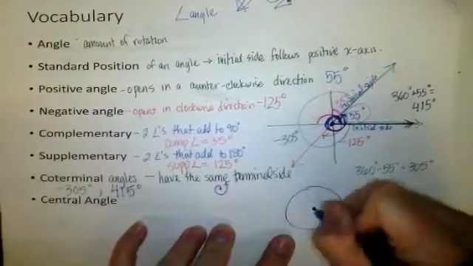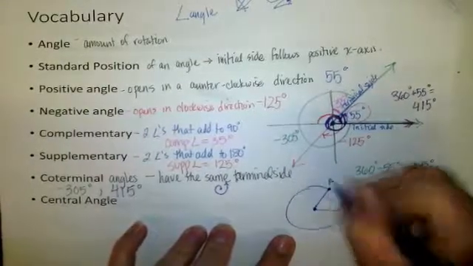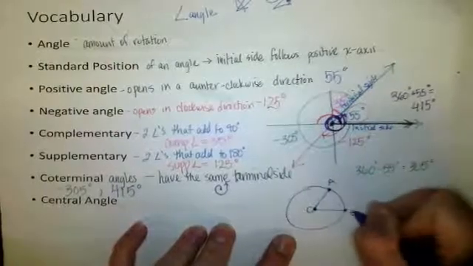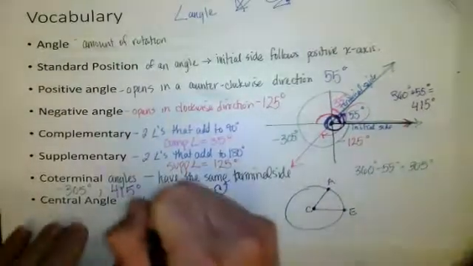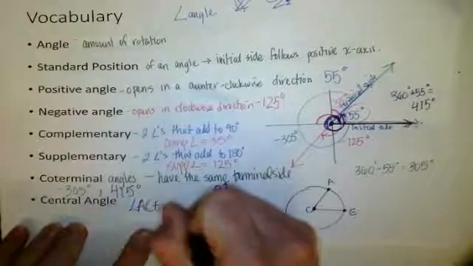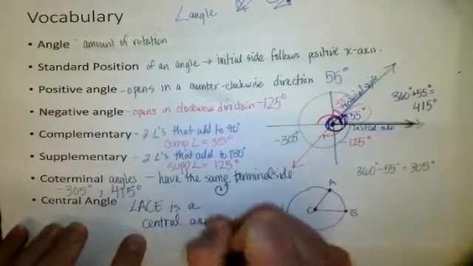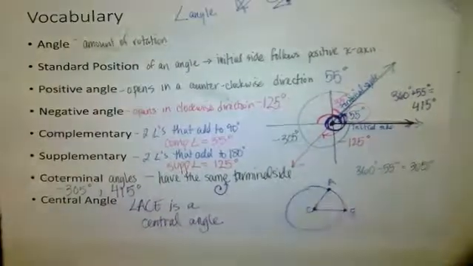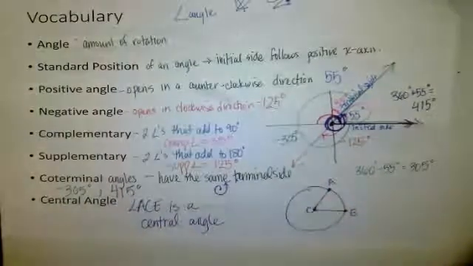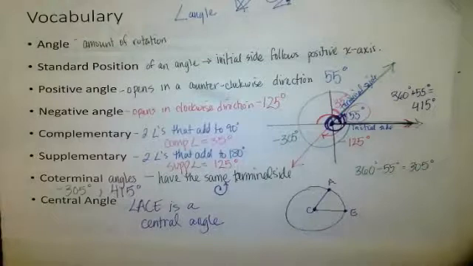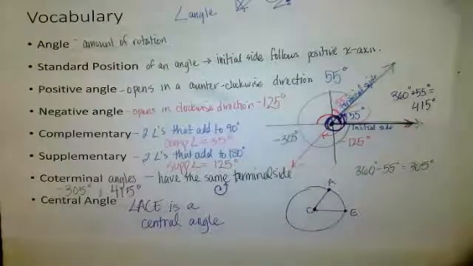So here, this might be ACE again. Angle ACE is a central angle. So it's an angle that its vertex is at the center of the circle. Now we get to draw a lot of these central angles. They're really important to us.